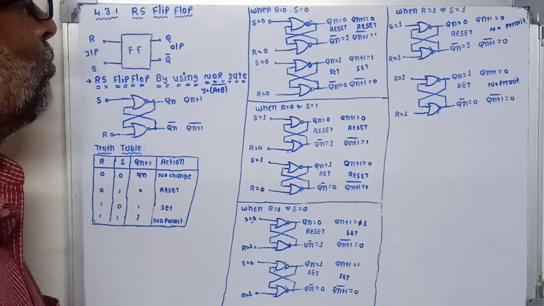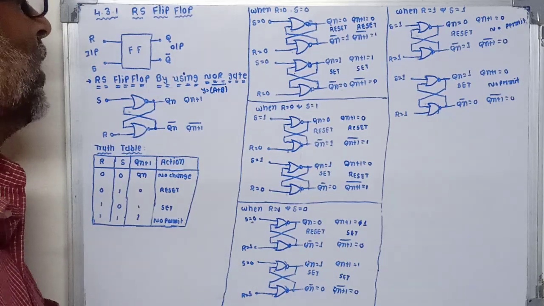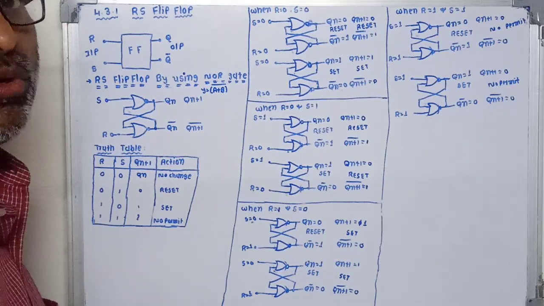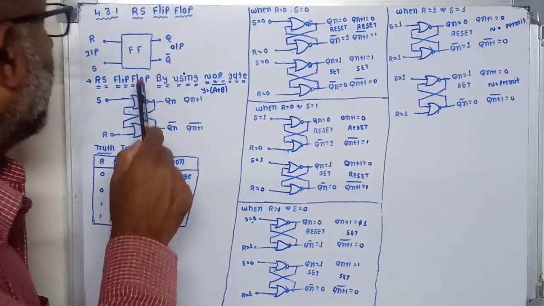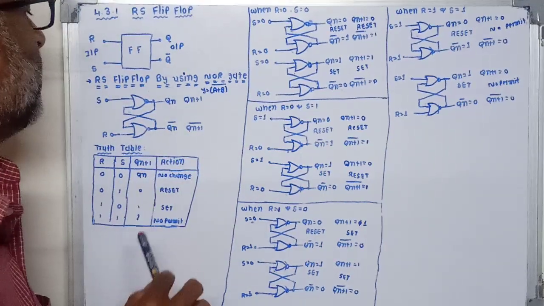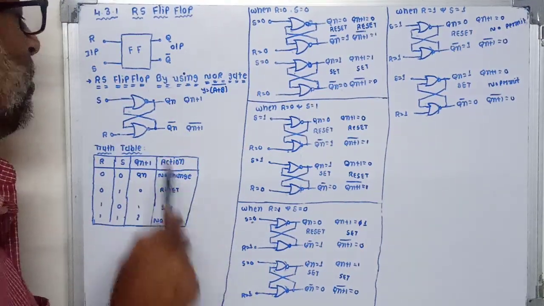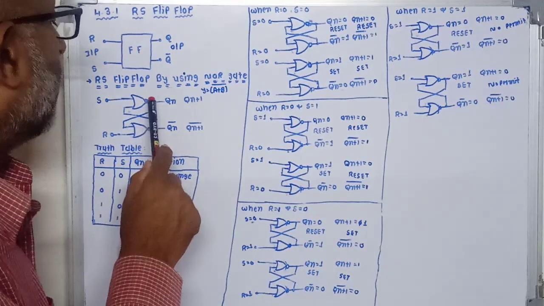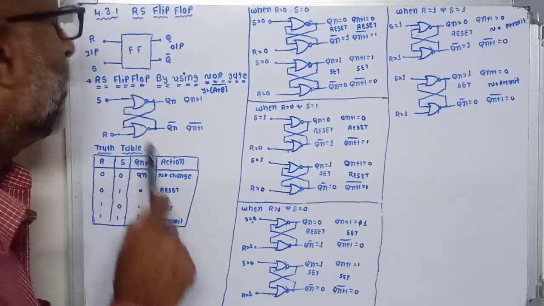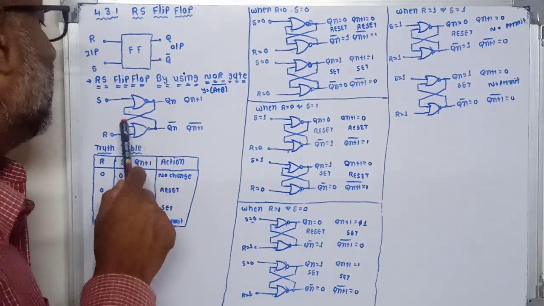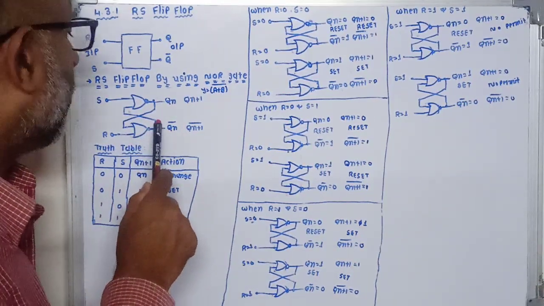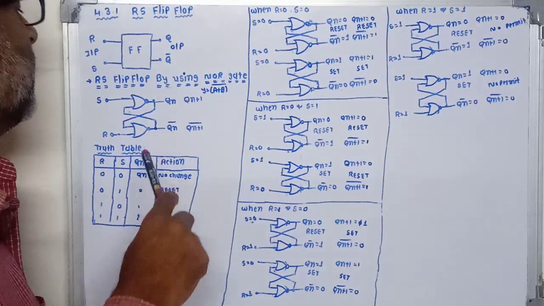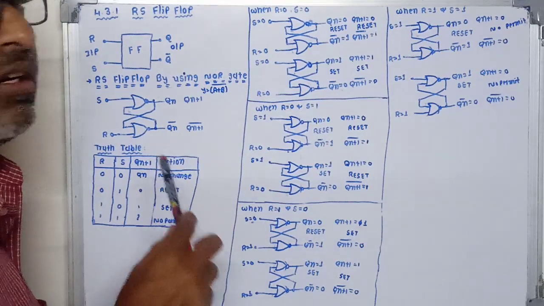So the Boolean expression for the NOR gate is y is equal to (a plus b) bar. That you have to keep in your mind. Here two NOR gates are used, which are cross-coupled to each other. The output of one NOR gate is connected to one input of the second NOR gate, and the second NOR gate output is connected to one input of NOR gate number one.